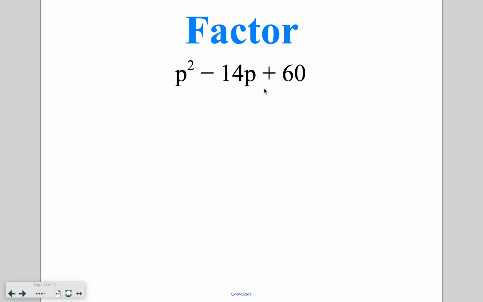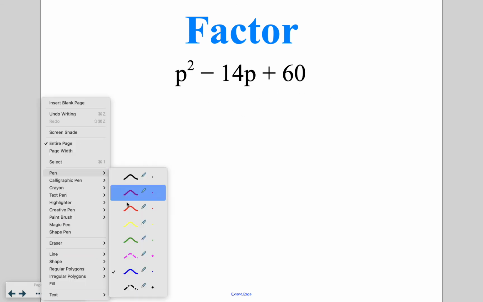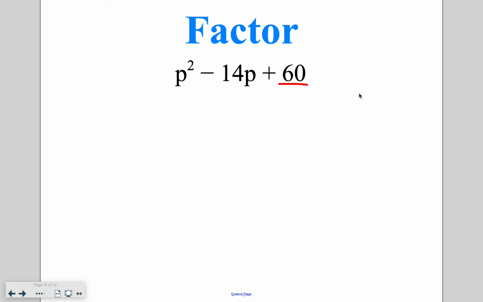Looking at this one here, I'm going to jump to the back, and I've got positive 60. So I've got 1 and 60, 2 and 30, 3 and 20, 4 and 15, 5 and 12, and our last pair of 6 and 10.